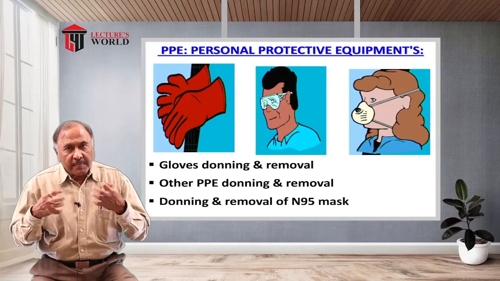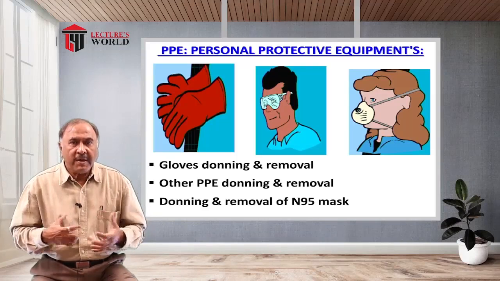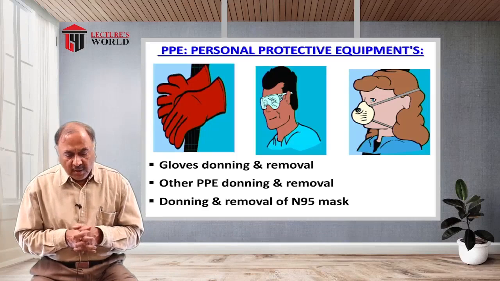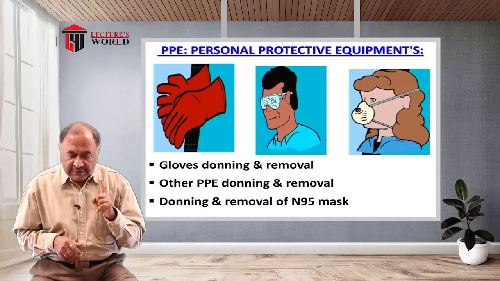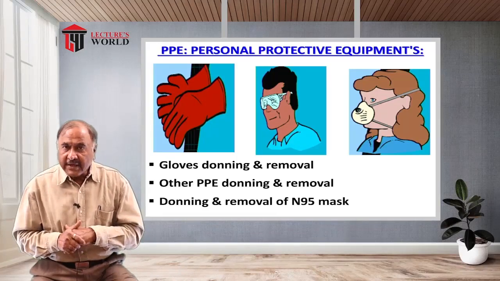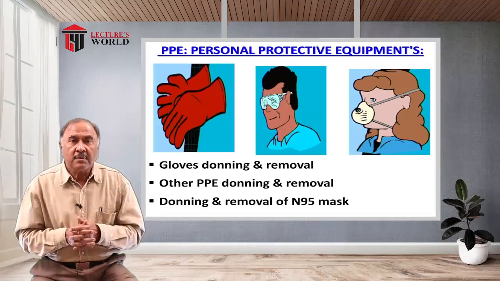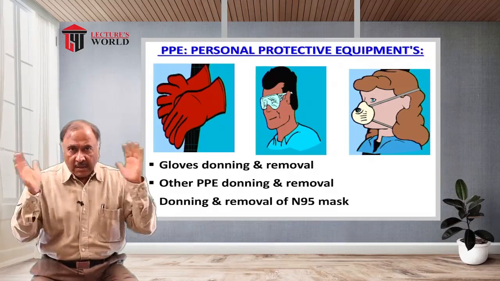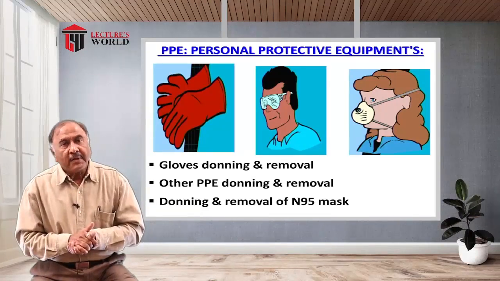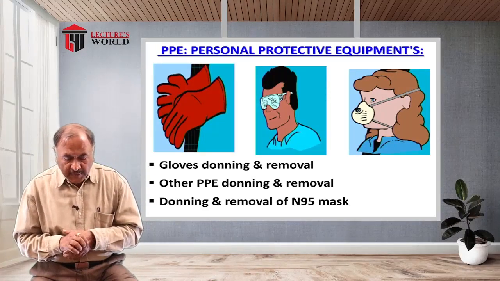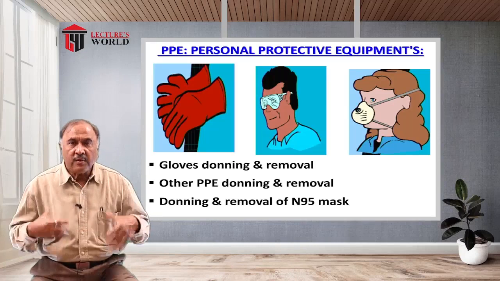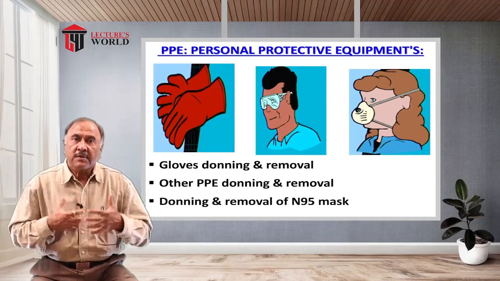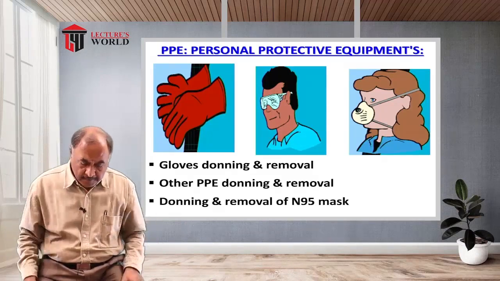That individual's personal body parts have to be covered, and that mainly includes first gloves, second eye shields, which includes goggles or glass shields, it includes masks, as well as the apron or the gown.